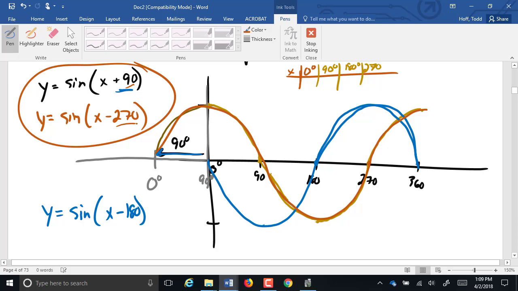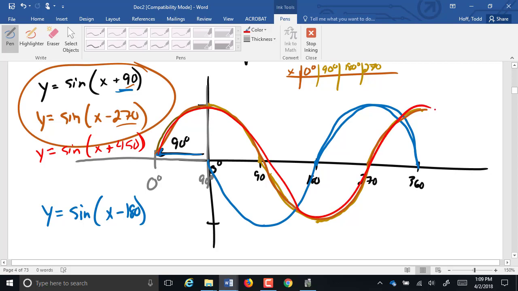Because 90 and 270 add up to 360. So you can always convert. I could take this negative 270 and add 360 to it. That's the same as being a positive 90. Heck, I could take this positive 90 and add 360 to it. What's 90 plus 360? 450. Guess what? Y equals sine of x plus 450 is going to be that same curve.